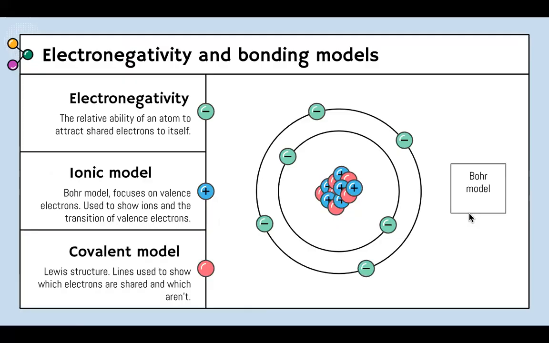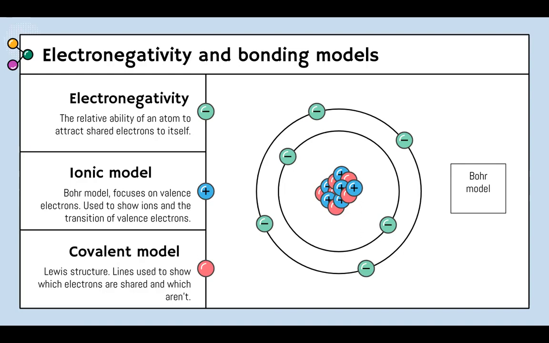And now let's move on to electronegativity. So with electronegativity, that simply refers to the relative ability of an atom to attract shared electrons to itself. And what does this mean for ionic and covalent bonds?